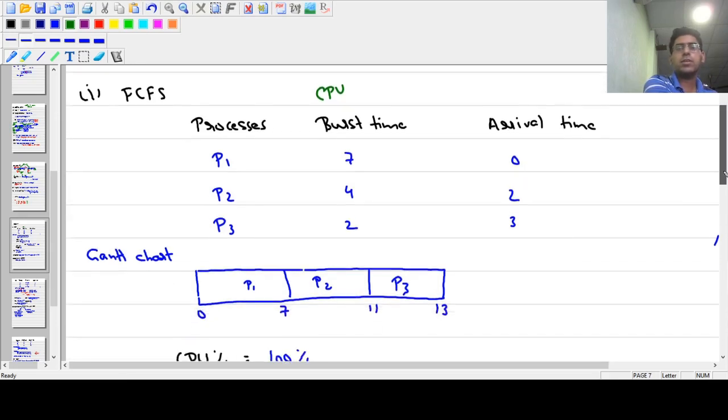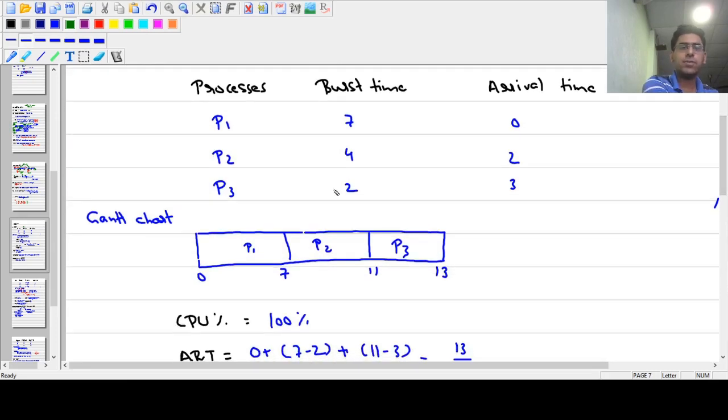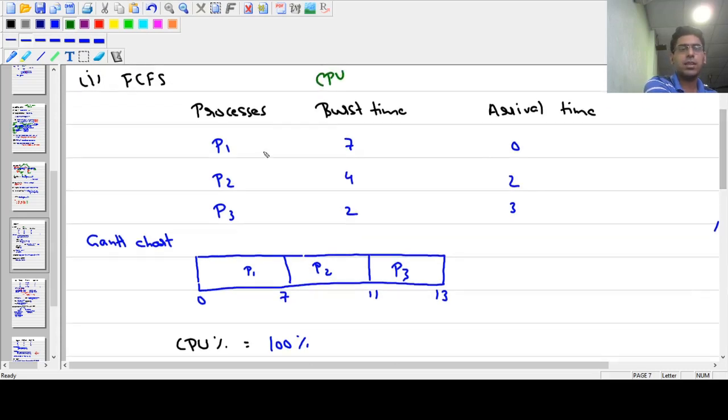So if we draw the Gantt chart for this specific scenario, it will be first come first serve: whichever process has come first, serve it completely, and only when it finishes can another process enter. Here process P1 has come at time 0, so P1 takes the CPU burst up to 7 milliseconds.